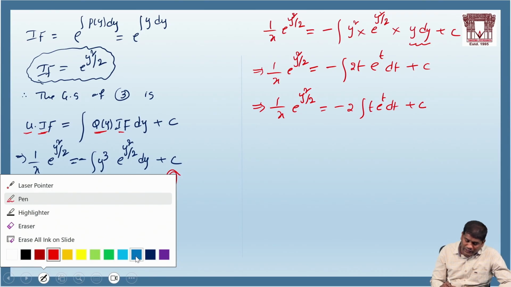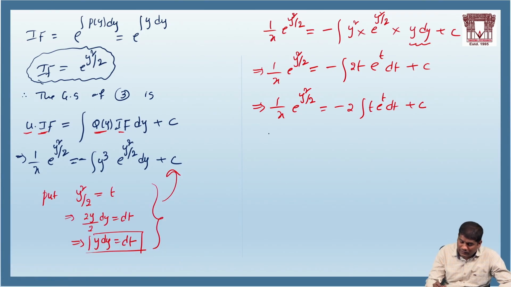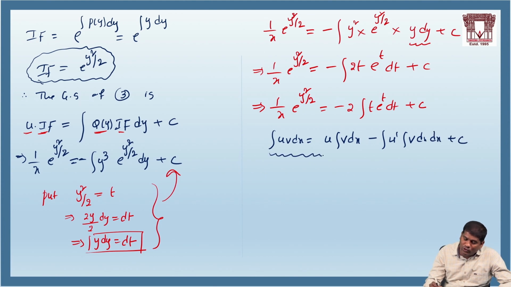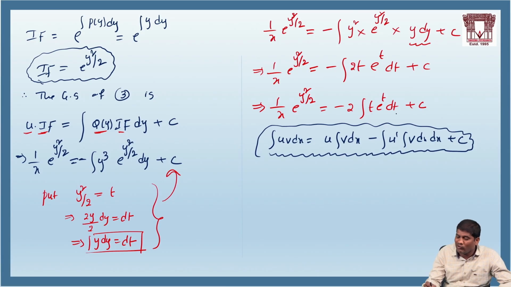We know the integration of uv is u into integral v dx minus integral of u dash into integral v dx whole into dx plus c. Now we have to use this formula to evaluate the above integral t into e to the power t into dt.